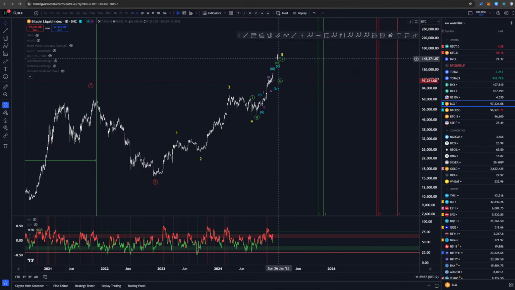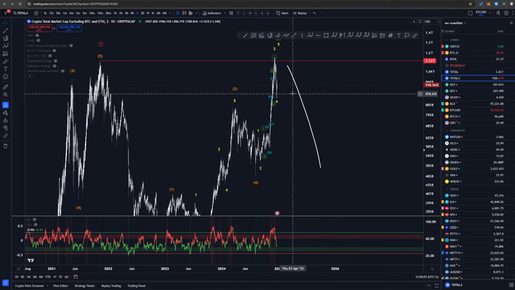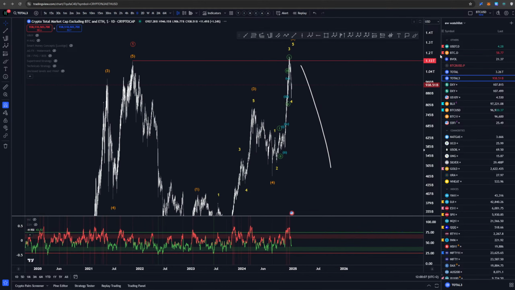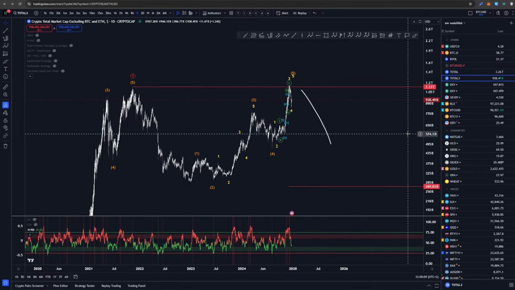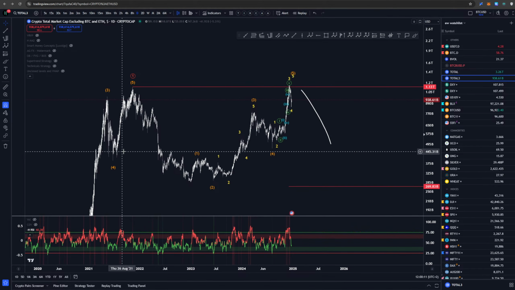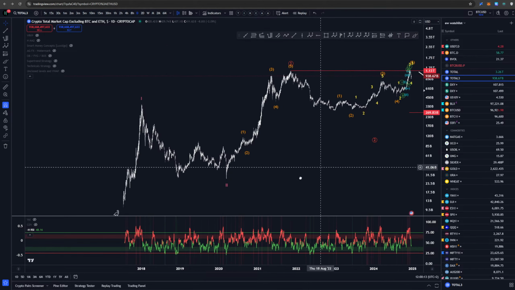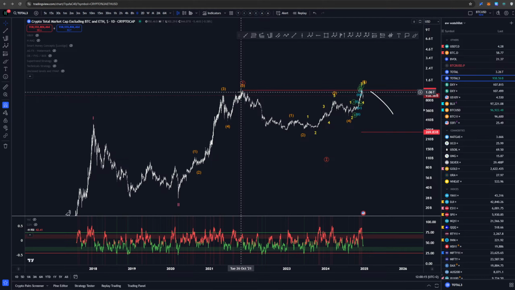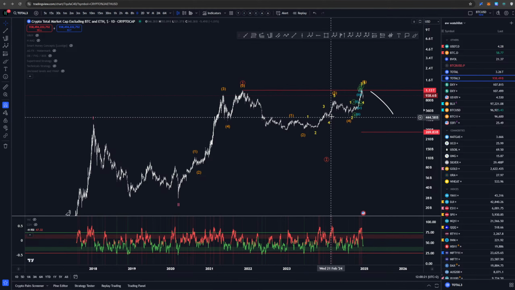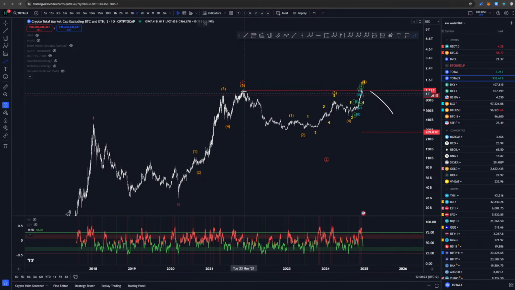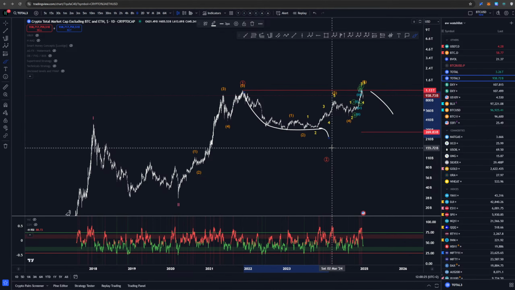So I think once we get up a bit more, I'm going to start deloading the altcoins. I have to. I don't want to take the risk that I was taking previously when we were seeing a potential pattern here, where I took very little profit and then I just rode through all this, right?